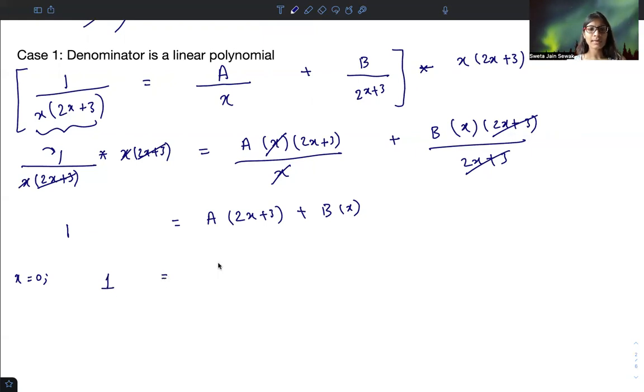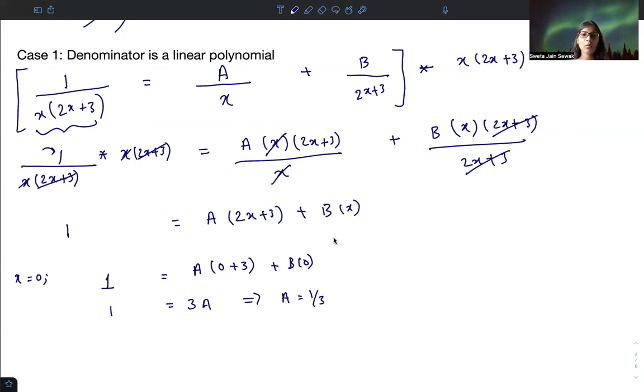On the right-hand side, if I put x as 0, I get A times 0 plus 3 plus B times 0. Why did I choose 0? Because I want to eliminate B. 0 multiplied with B becomes 0. So I've got 1 equals 3A, and that gives us the value of A as 1/3.